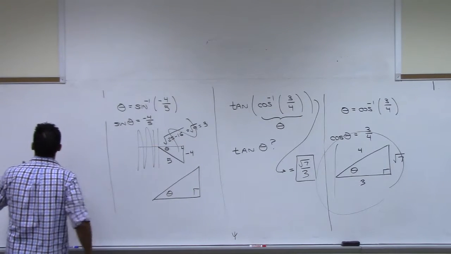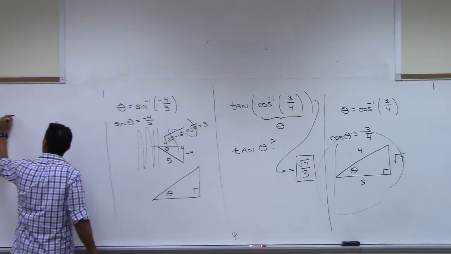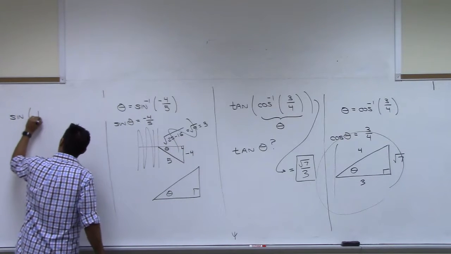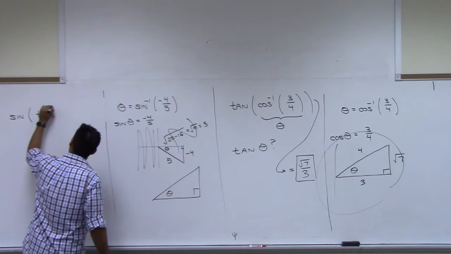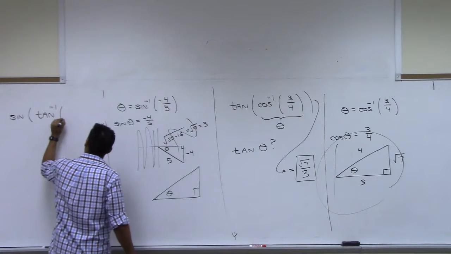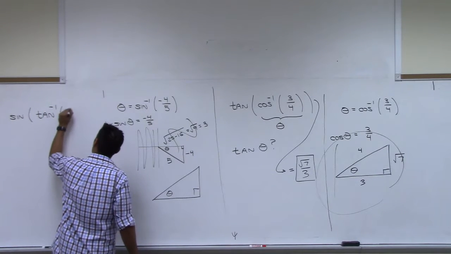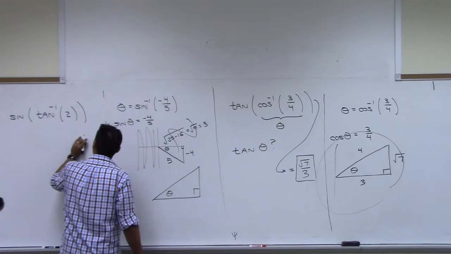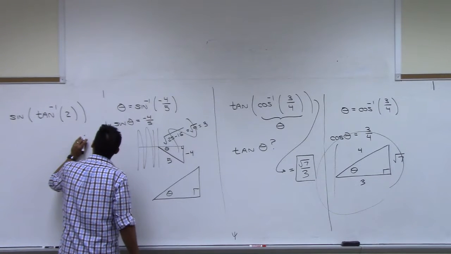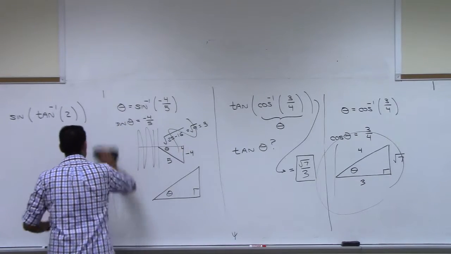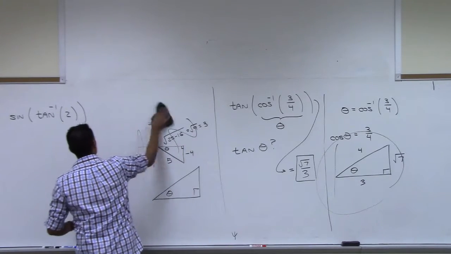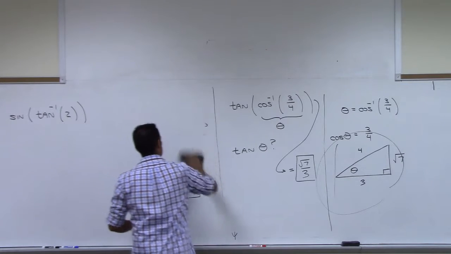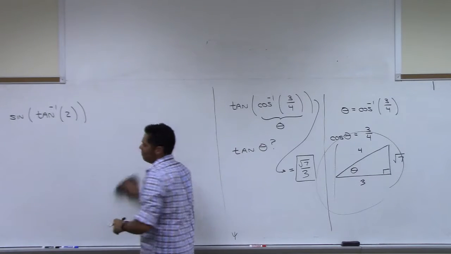Let's do sine of arctangent of 2. And you know what? Yeah, we could do that. Let me see here.